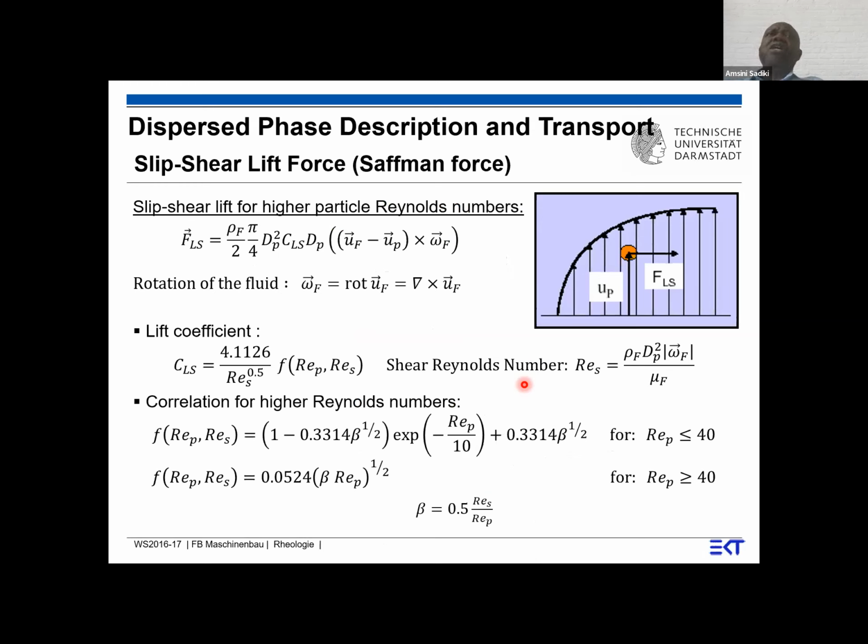They are a kind of slip shear lift force. So we have our velocity, and our particle is moving not in a homogeneous flow, but in an inhomogeneous flow. And in this case, there is a transversal force, which is orthogonal to this. And we can obtain this expression in this form where we have the first part there.